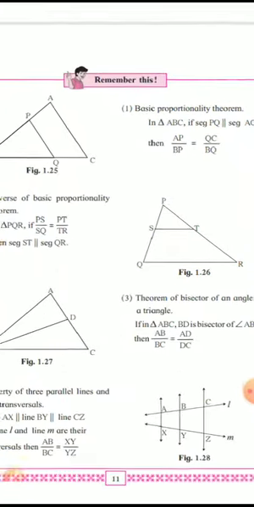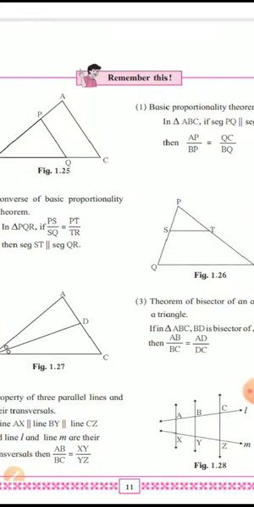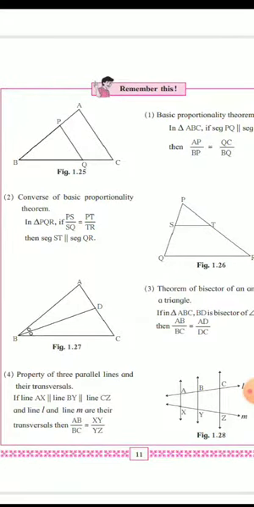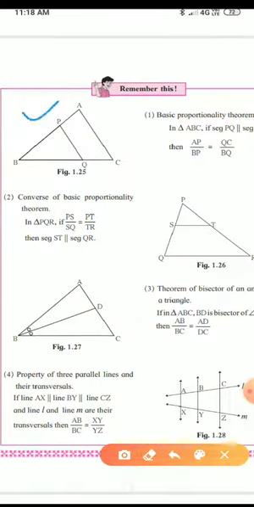So see here, basic proportionality theorem. Here is triangle ABC, and in that triangle this segment PQ is parallel to segment AC.